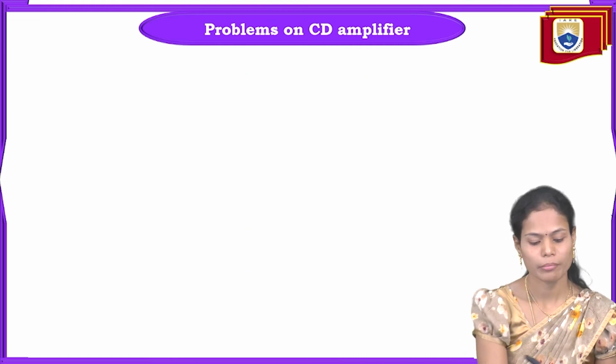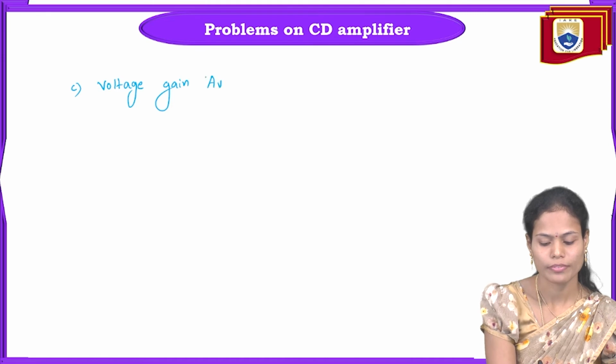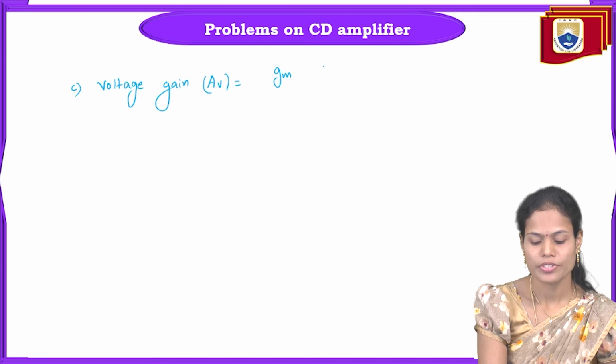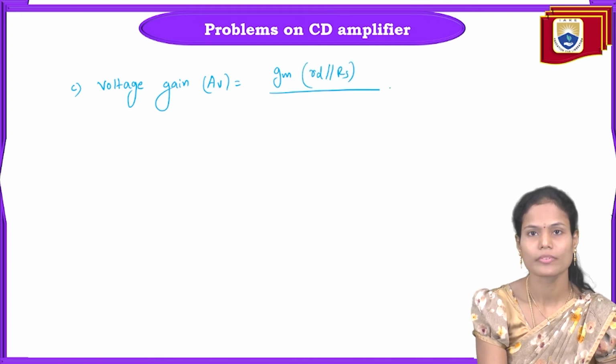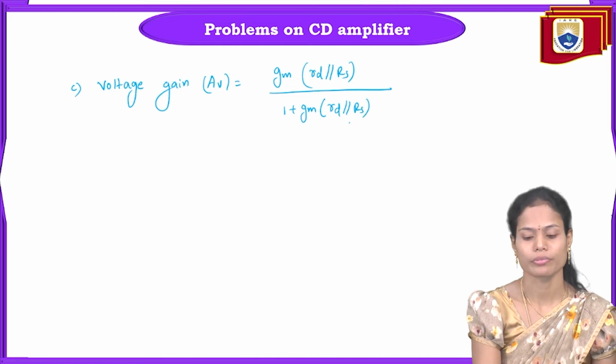The next parameter is the voltage gain AV. That is Gm into Rd parallel with Rs, divided by 1 plus Gm into Rd parallel with Rs.